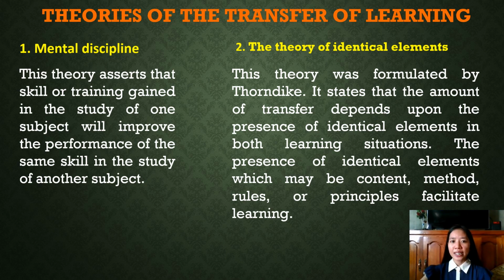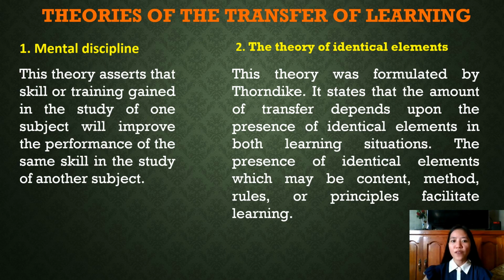For the theory of identical elements, it was formulated by Thorndike. I believe you are acquainted with him since he was introduced initially on his work regarding the connectionism theory. Identical elements theory states that the amount of transfer depends upon the presence of identical elements in both learning situations.